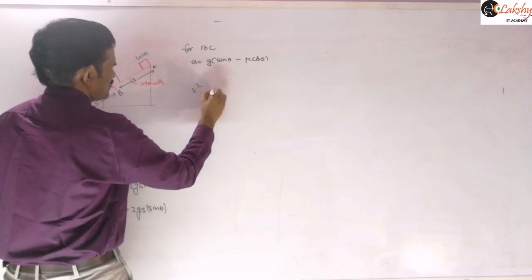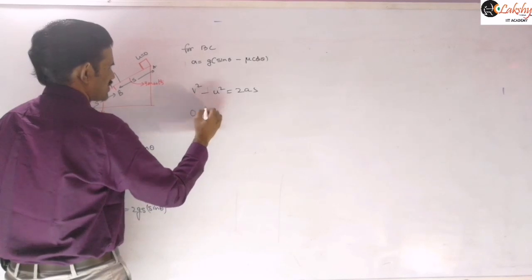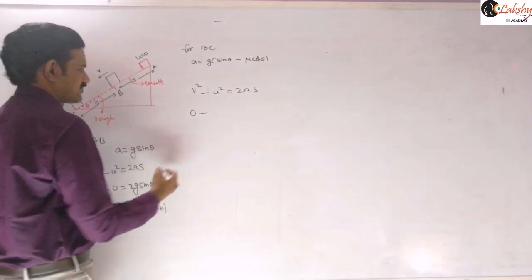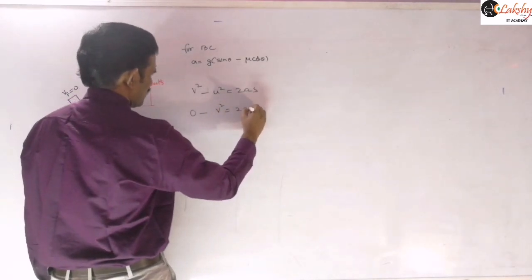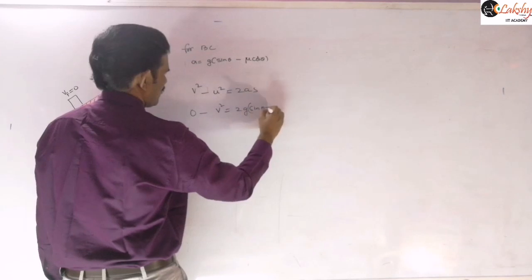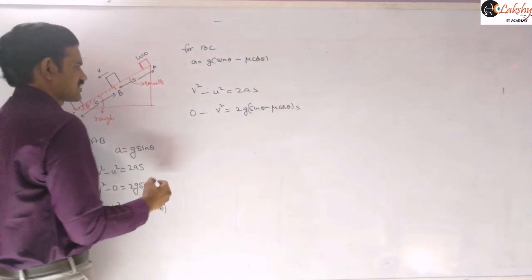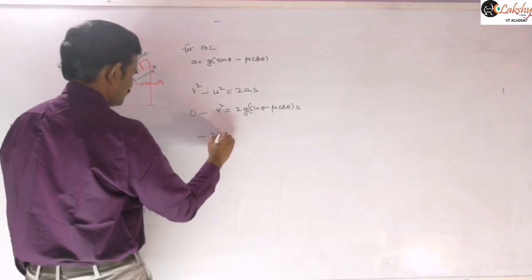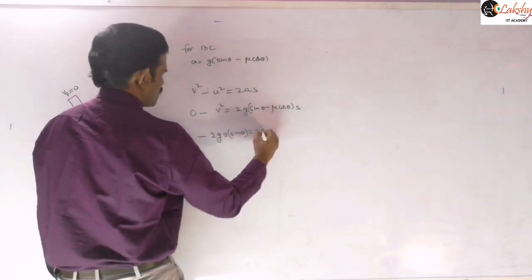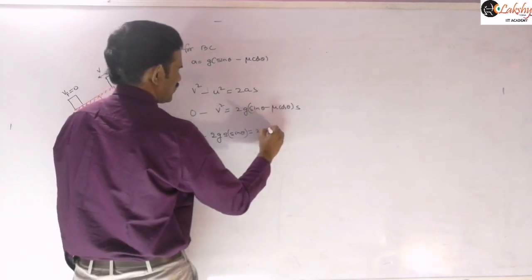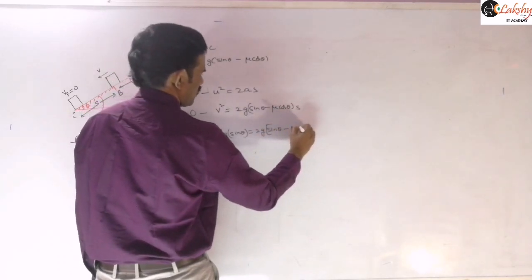Now let us write v square minus u square is equal to 2as again for that part. The final velocity is 0, and the initial velocity is v. So 0 minus v square is equal to 2 into g of sin theta minus mu cos theta into s. Now we can substitute v square, which is 2gs sin theta, here. So minus 2gs sin theta is equal to 2g of sin theta minus mu cos theta into s.